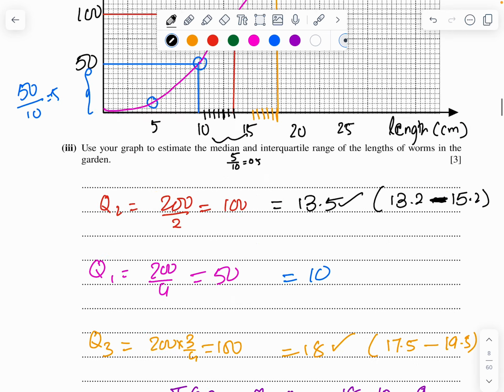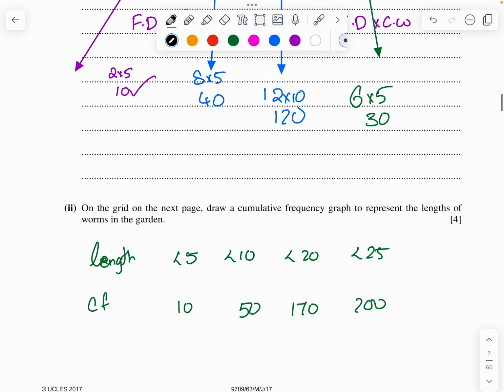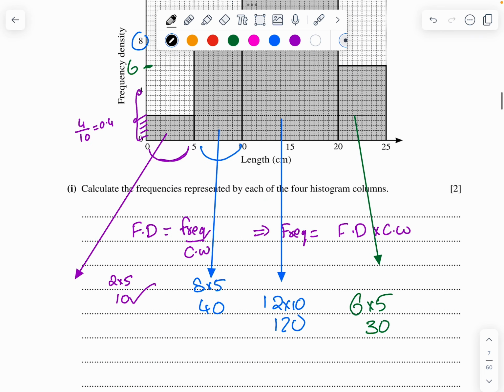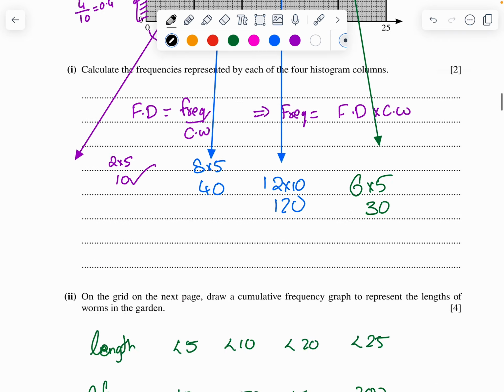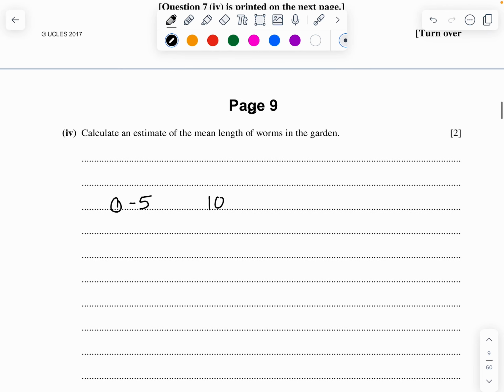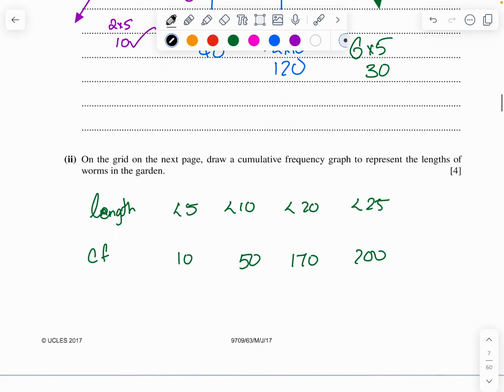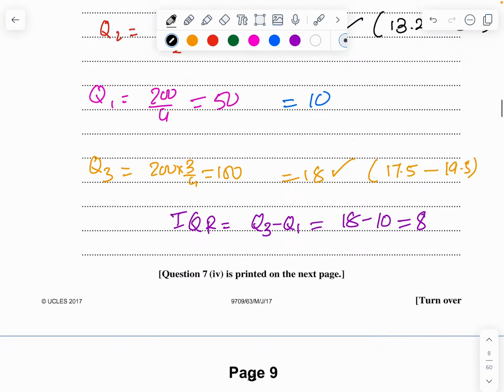Then the next classes are 5 to 10, 10 to 20, and 20 to 25. The frequency times class width values are 40, 120 and 30.